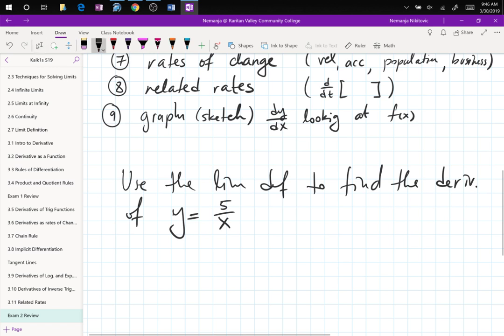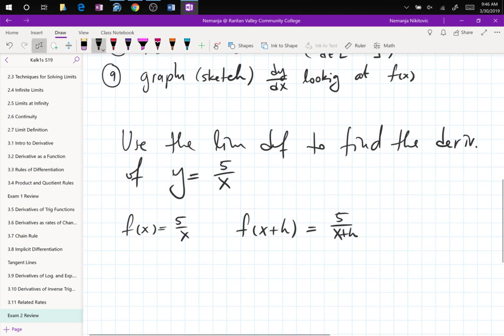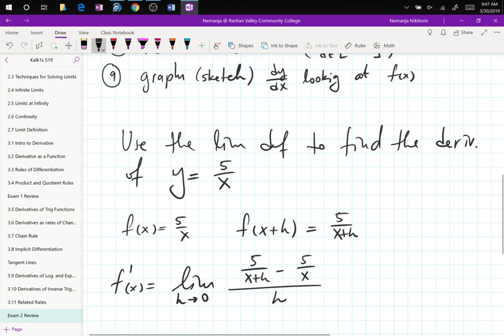And then you just go and say, all right, f of x is equal to 5 over x. F of x plus h, because I need that for the formula, is 5 over x plus h. And then you say, okay, the derivative is limit h goes to 0 of 5 over x plus h minus 5 over x divided by h, and then you just work the algebra.